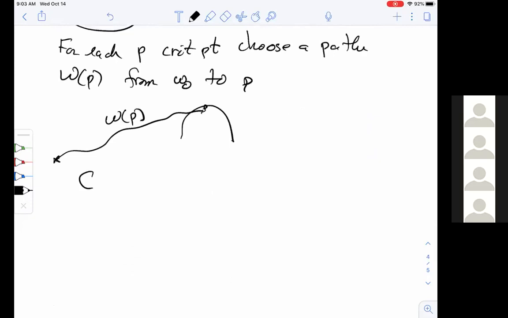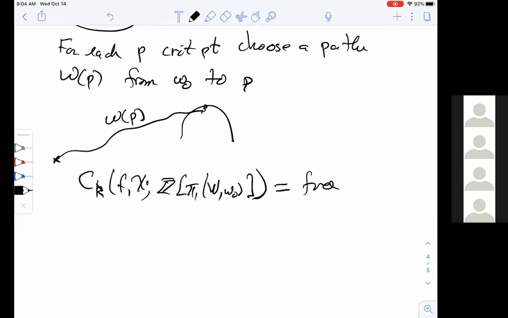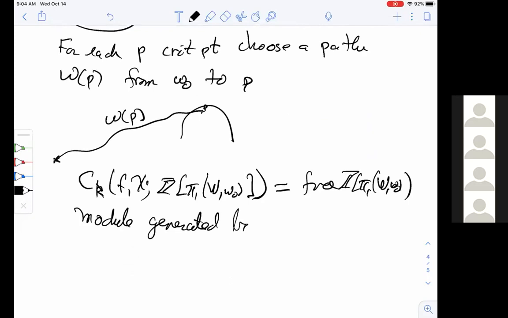Then the chain group with coefficients in the integral group ring of the fundamental group is simply the free Zπ_1(W) module generated by the critical points of index k.